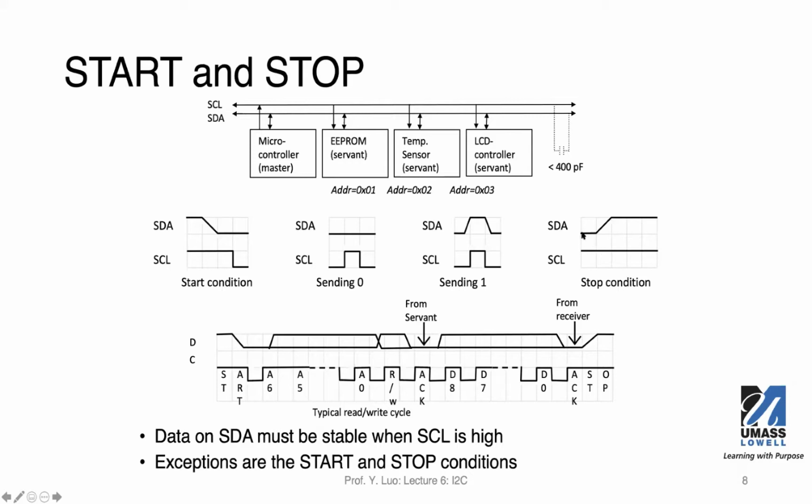And then the SDA is pulled up, so the voltage level goes from 0 to 1. This is an indication that the master device stopped the transfer. So the communication protocol just finishes here.